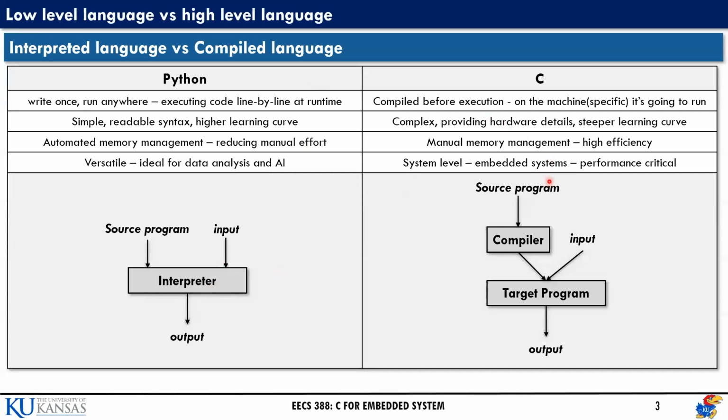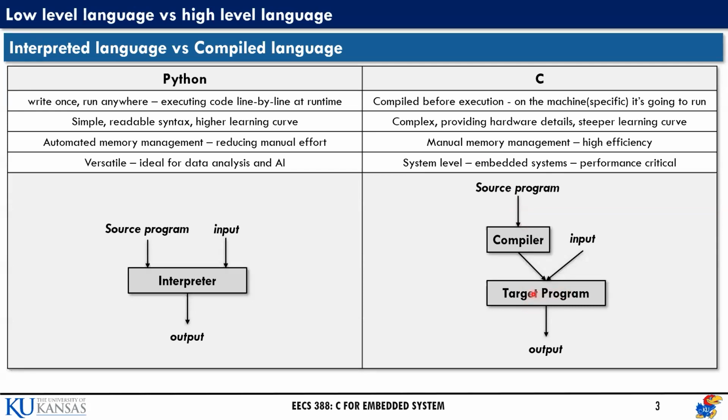On the other hand, C is a compiled language. I mean, we have to compile it first. So we write our source program, and we use a compiler to convert that source program to an executable code. And this is very specific to the machine.